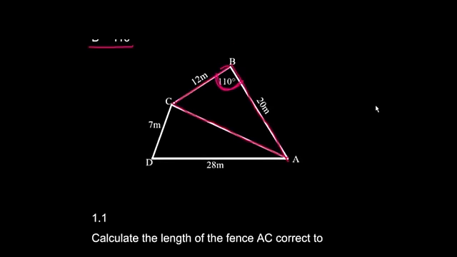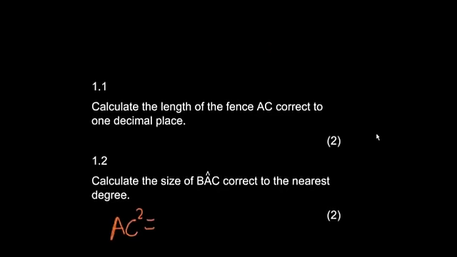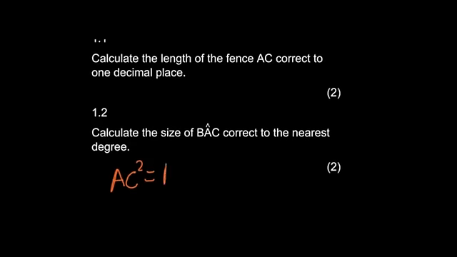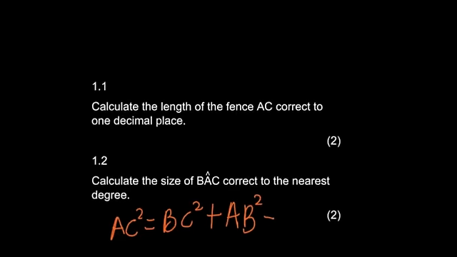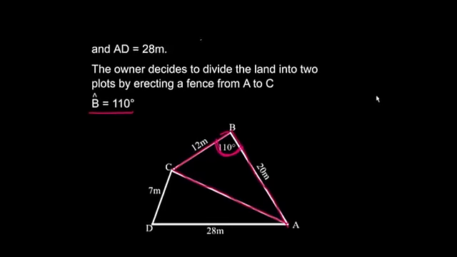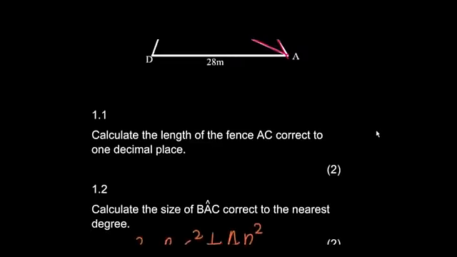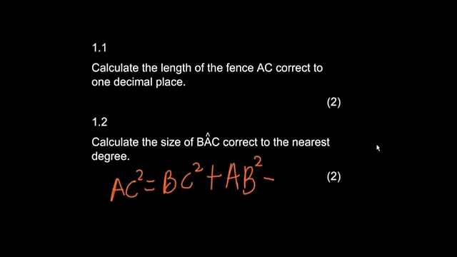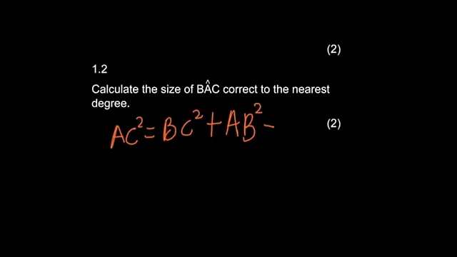It will be BC squared plus AB squared, minus 2 multiplied by the product of the two sides.